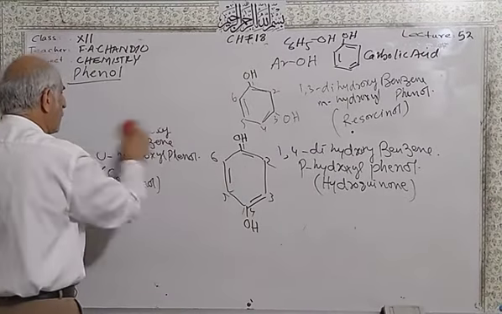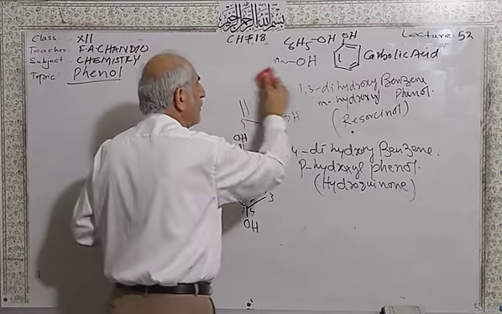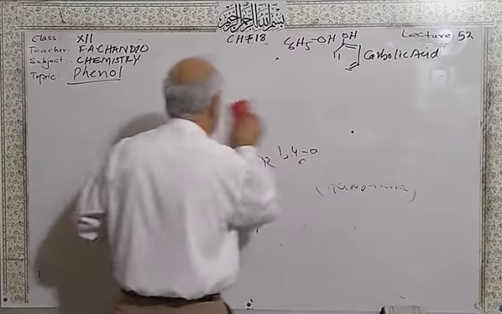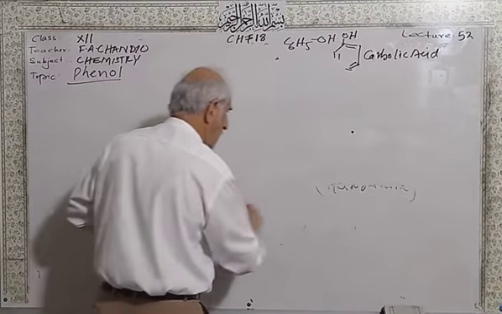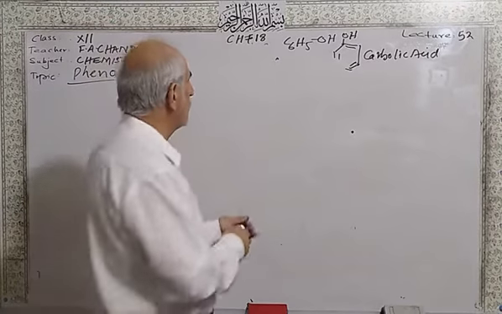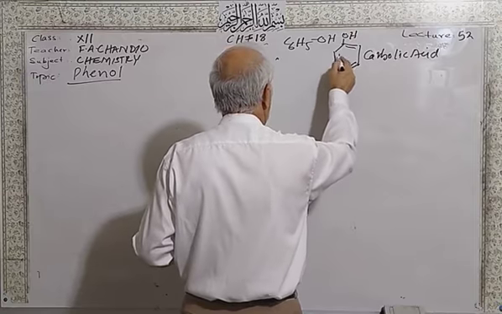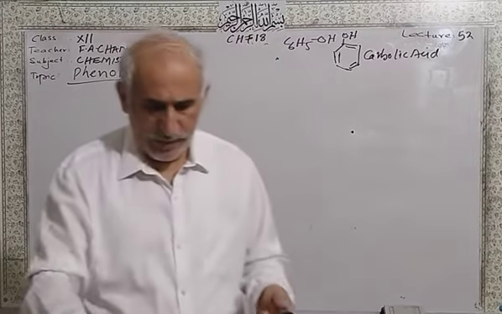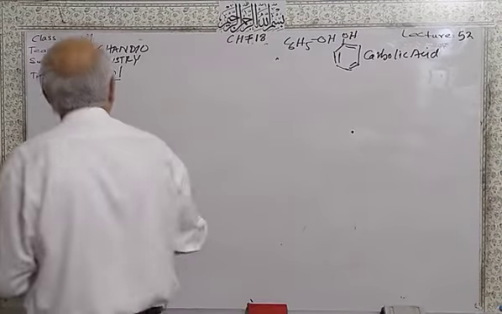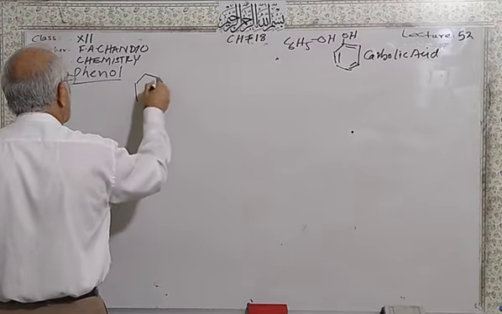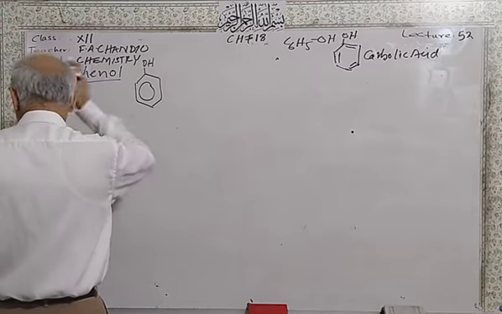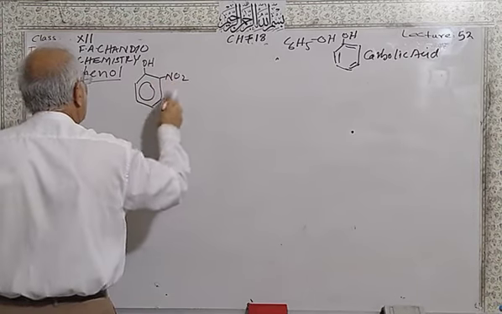Now if different groups are attached, nomenclature for the different groups, suppose we have an OH and this position is nitro.